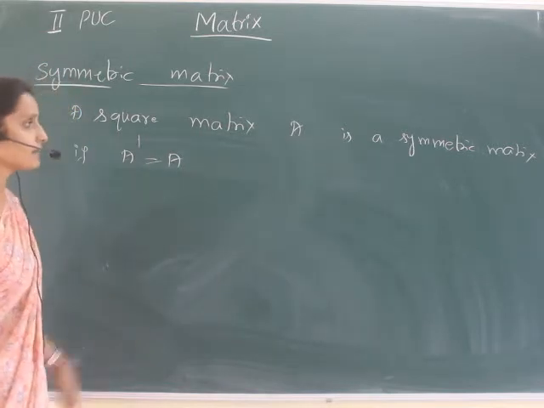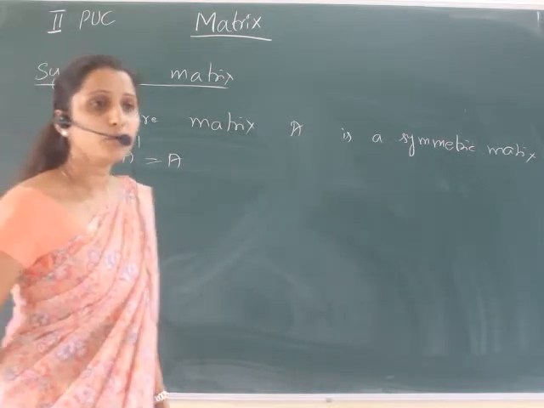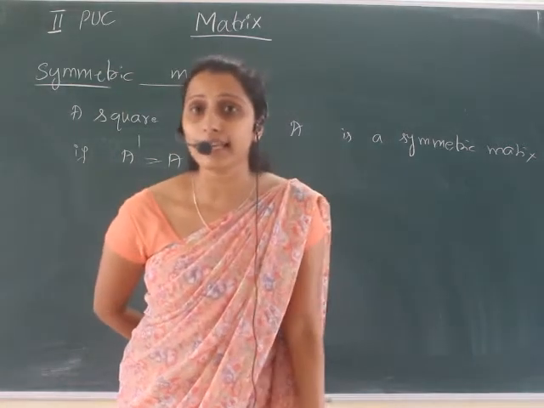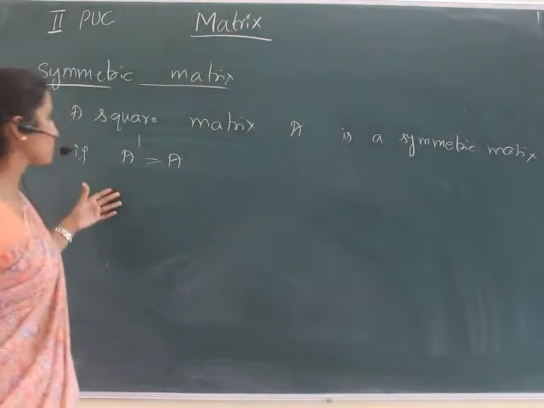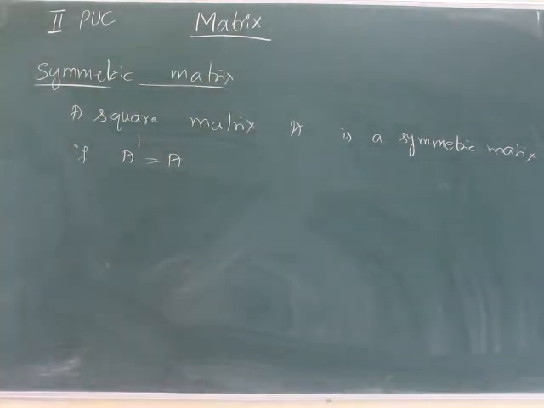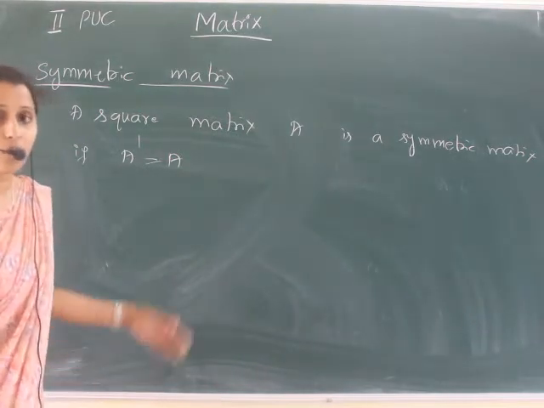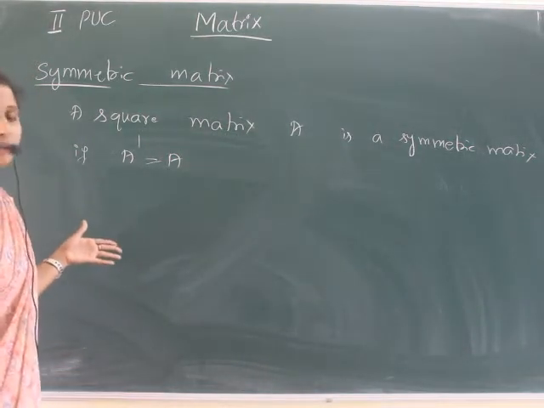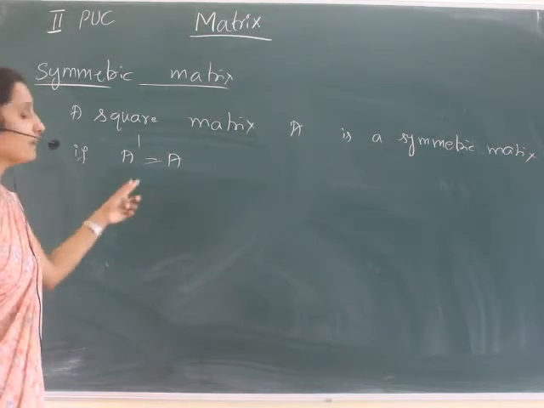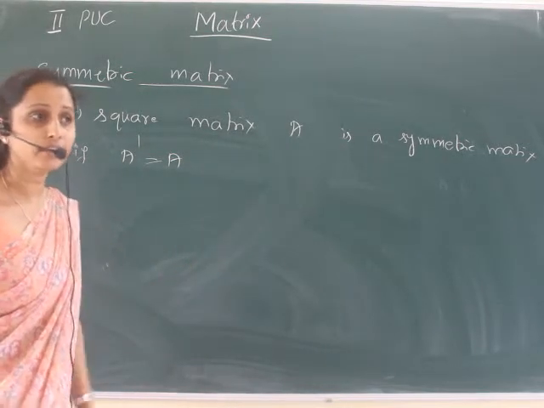A square matrix A is said to be a symmetric matrix if A transpose is equal to A. So what is the example we can give for this? Which matrix is a symmetric matrix, such that when we take the transpose of the matrix, we get the given matrix?